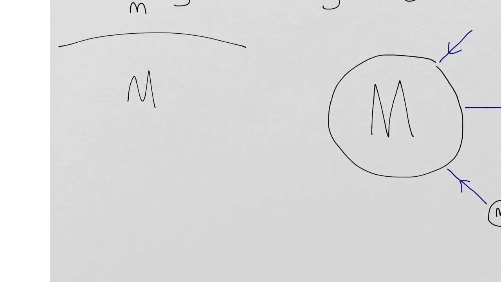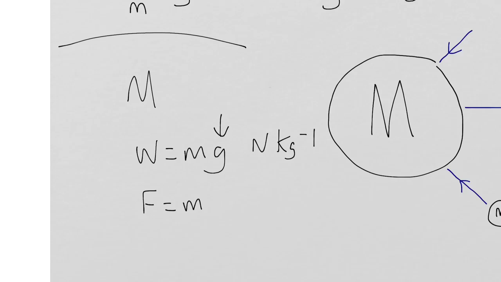We have W equals mg, in which, if W is in newtons and m is in kilograms, then g must be in newtons per kilogram. But we also know from Newton's second law that F is equal to ma.